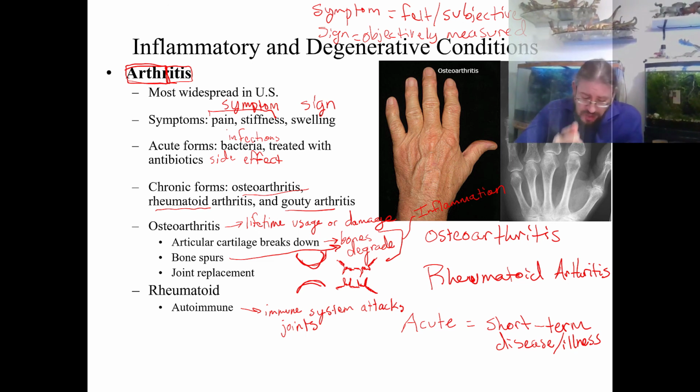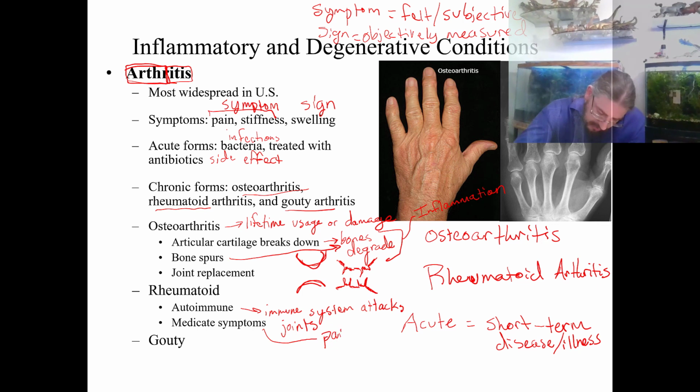Since there's no real lifestyle things you can do to stop your immune system from trying to kill your own joints, basically what you have to do is medicate the symptoms. So you take medications. So that will involve pain medications. And you can also take medications that basically reduce your immune system's effectiveness.